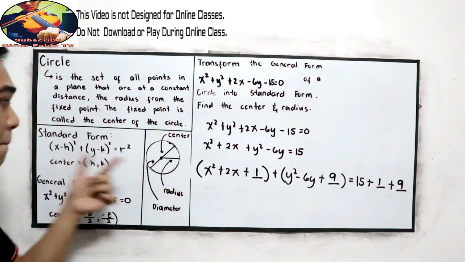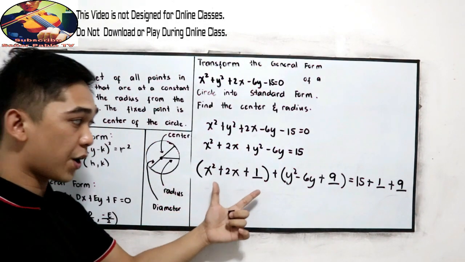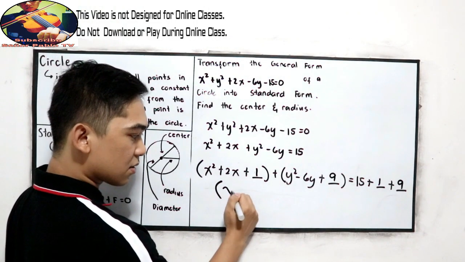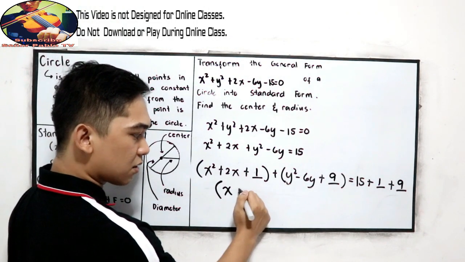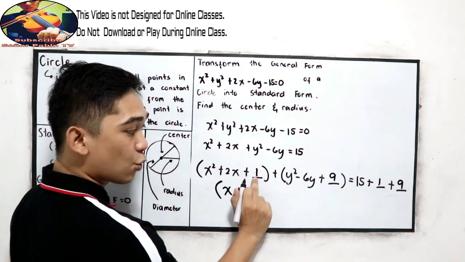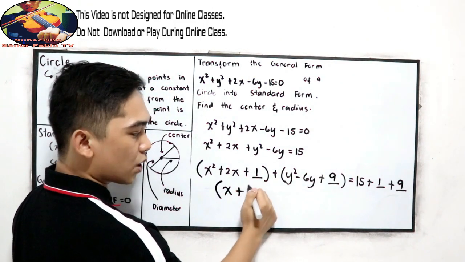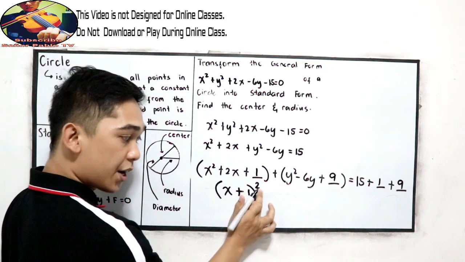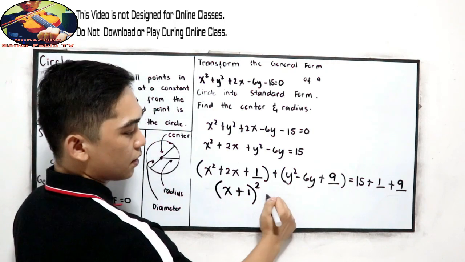Now, make our perfect square trinomial a square of a binomial. So, x, sign of the middle term, plus square root of 1, positive 1. Then don't forget to write the square. Square of a binomial.